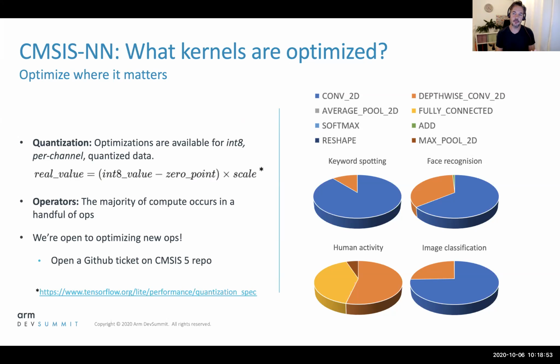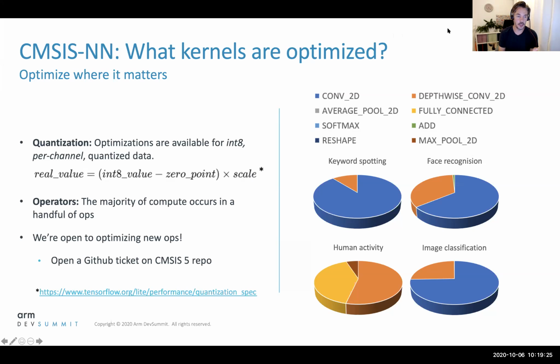In the embedded domain, usually you have quite tough memory constraints, power constraints, and cycle constraints. So 32-bit float may not be ideal for this segment, but 8-bit is more suitable due to the memory constraints. We've focused on the int8 per channel symmetric quantized data.